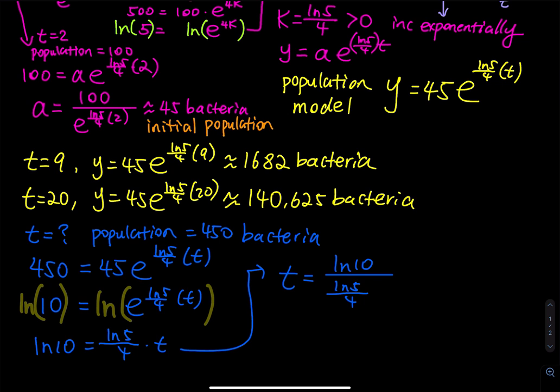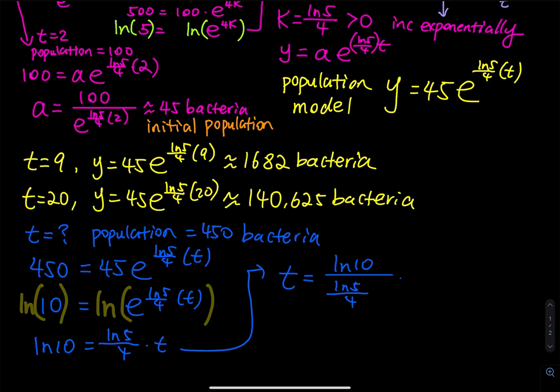So let's see what that equals. I don't know yet, so let me do this in my calculator. I'm going to do ln5 divided by 4 first. The result in my calculator is approximately 0.402. I am not going to approximate that; I will just use ln10 divided by the whole answer.